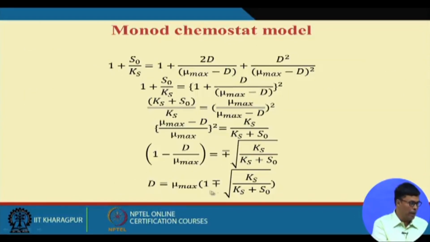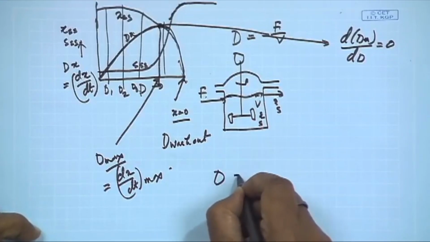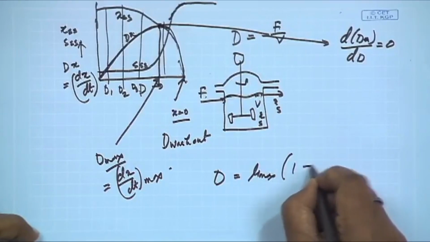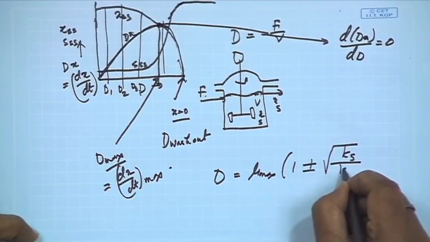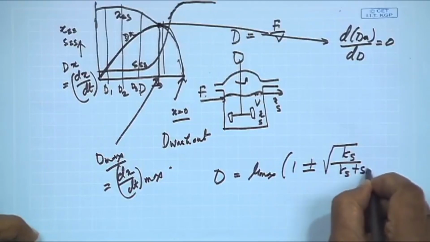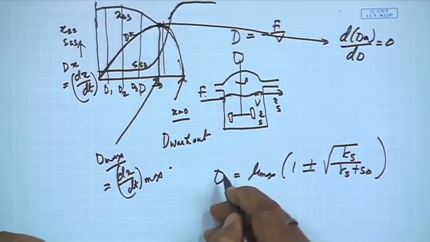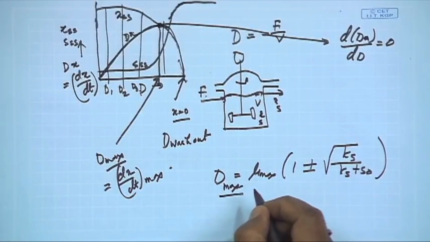Ultimately we come to this equation, and this equation is: D equals mu max times 1 plus or minus root over Ks plus S0. Now one thing I want to point out is that this is the Dmax value. This we can calculate like this.